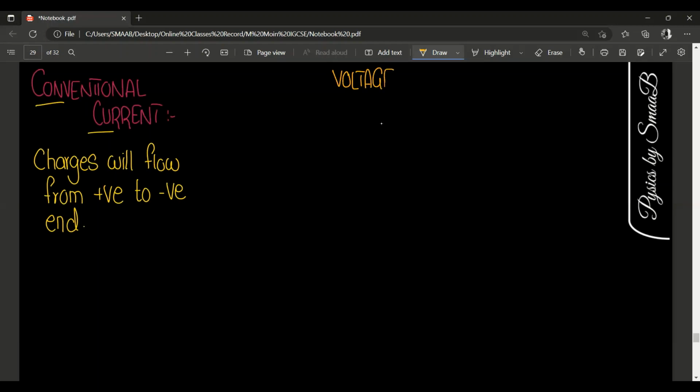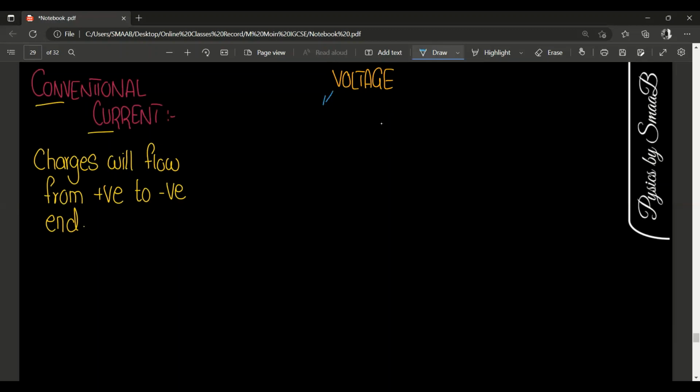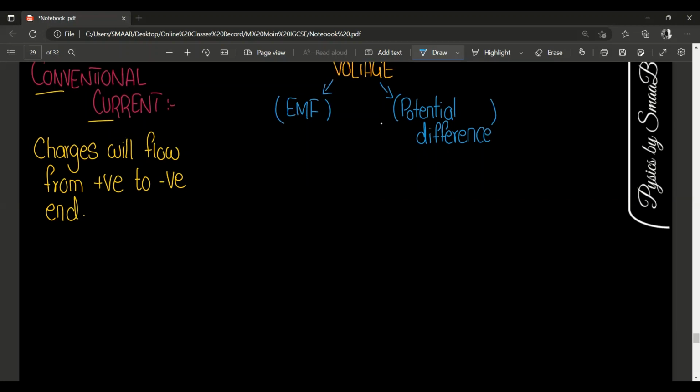One category of voltage is EMF, known as electromotive force, and the second one is known as potential difference. Now we need to identify the difference between these two quantities, right? First, let's discuss EMF, because EMF is the basic, then potential difference will come in the circuit.